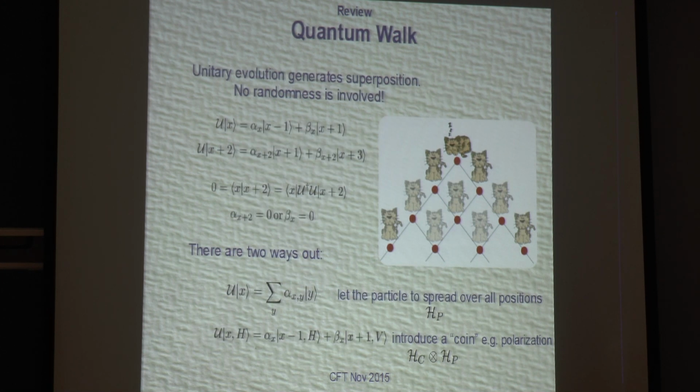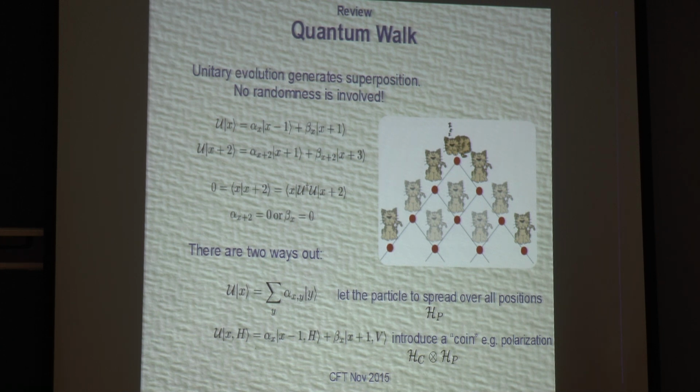Now, the quantum walk, the cat, is now replaced by the Schrödinger cat, which can exist in quantum superposition. Thus, it is governed by a unitary evolution, which generates superposition, but which is deterministic. No randomness is involved here. And for this reason, we are encountering a problem, a single-step problem, because a unitary evolution in this way cannot make the cat take steps simultaneously left and right.